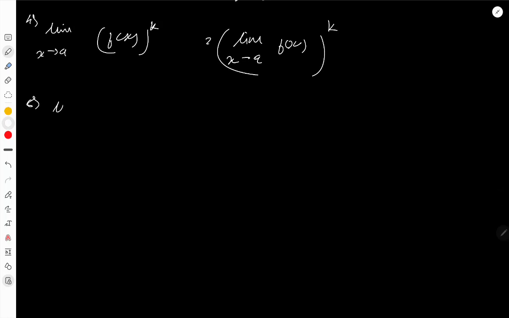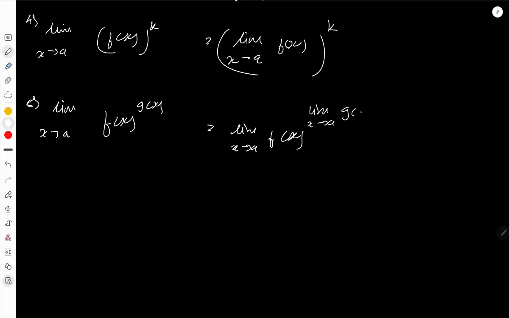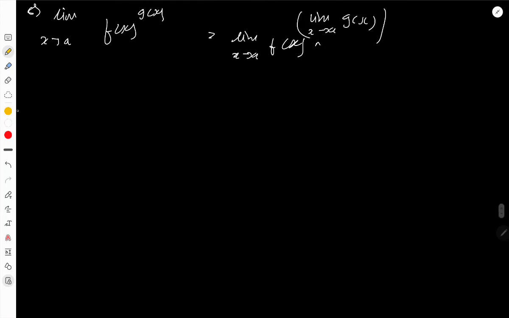And then if a function is like limit x tends to a f of x to the power g of x, then it becomes limit x tends to a f of x to the power limit x tends to a g of x. I'll write like this and I'll make power. I'll also write power just for you to understand it clearly.